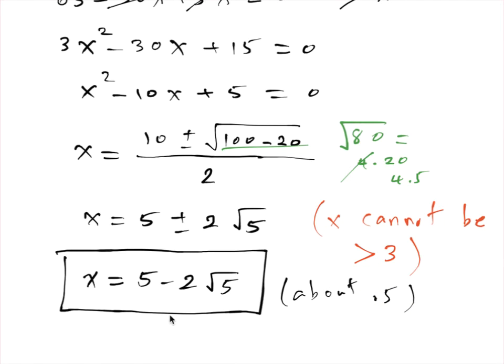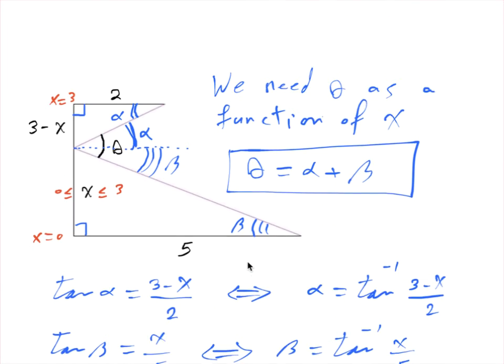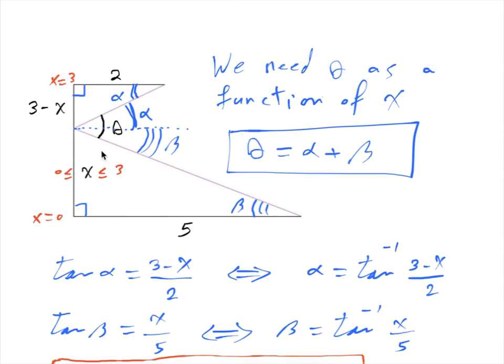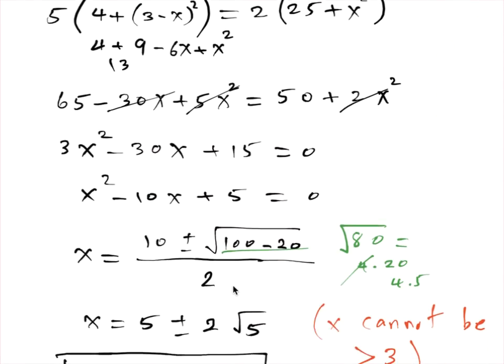All right, so that tells us something. That means this point P is closer to the bottom, right around here, than where it's pictured. But of course, we don't know that in advance, so we just figured it out.